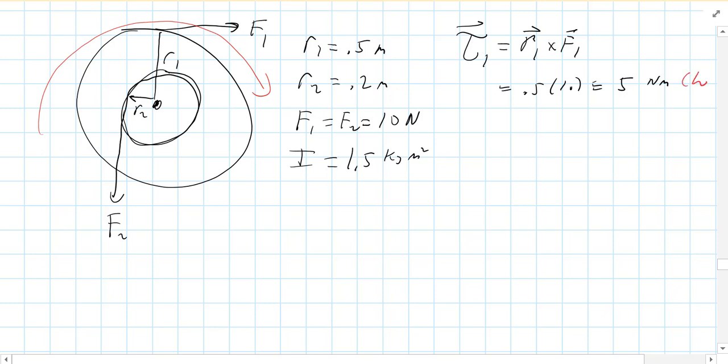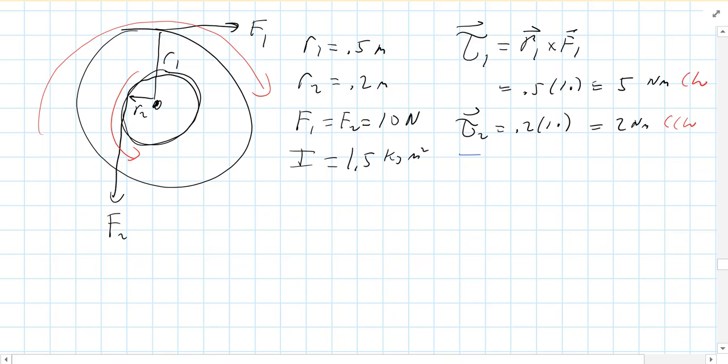Technically, that torque would be into the page, but we'll use clockwise for now. And then torque 2 is 0.2 times 10, which is 2 Newton meters. And which way is that torque? Well, that force is trying to make the wheel spin counterclockwise, so I'll put a CCW there.